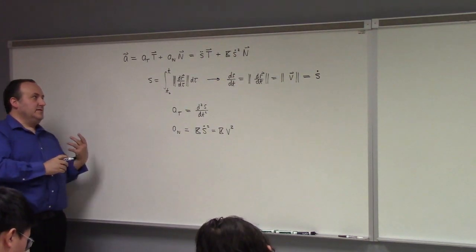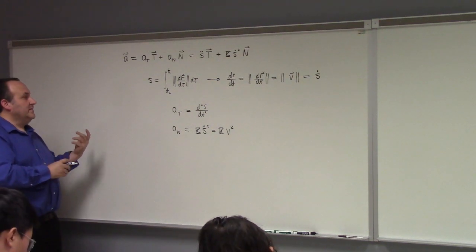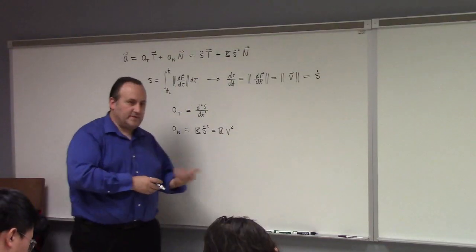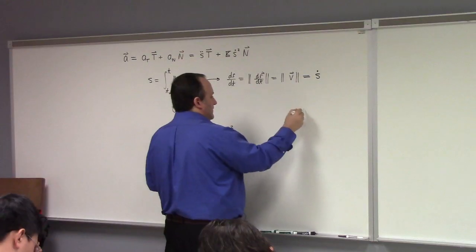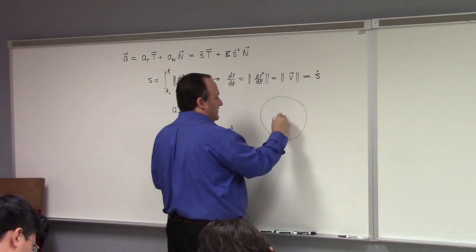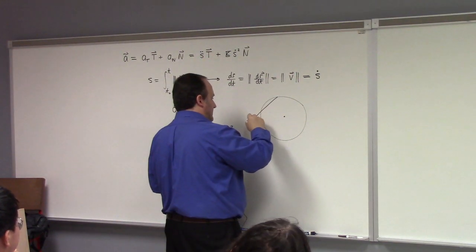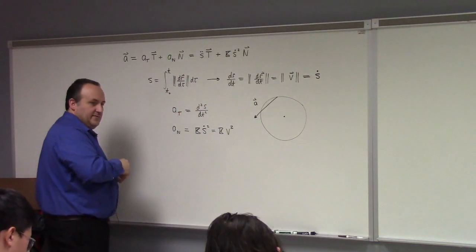There's something else to notice here, though. If we have a vector written as a sum of perpendicular pieces, what's the length of the vector? Like, if I was to draw the usual example, circular motion, right? So if my acceleration vector looks something like this, there's two pieces. What are the two pieces?